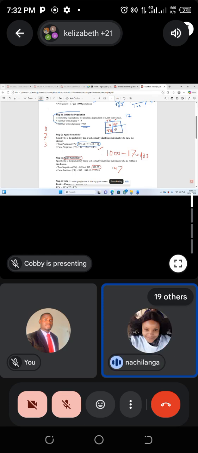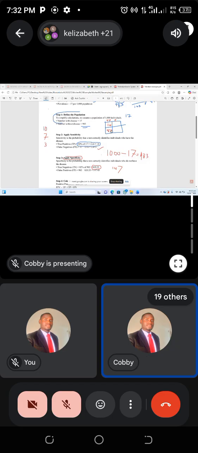Then the 3 is supposed to be in the first column. Yeah, let me do this.